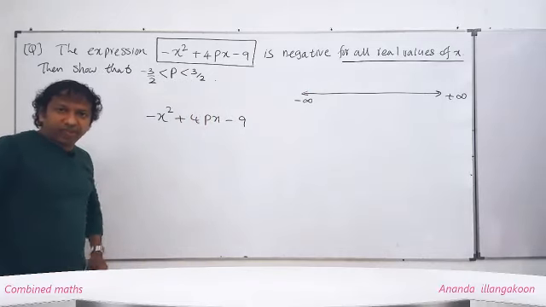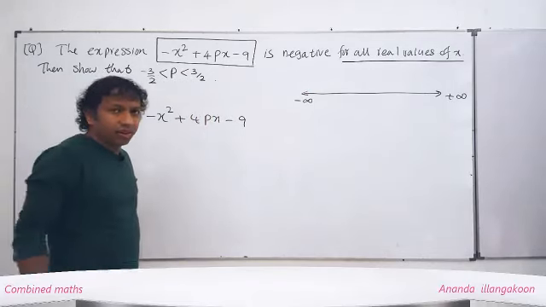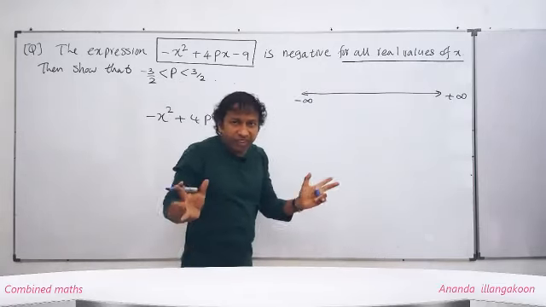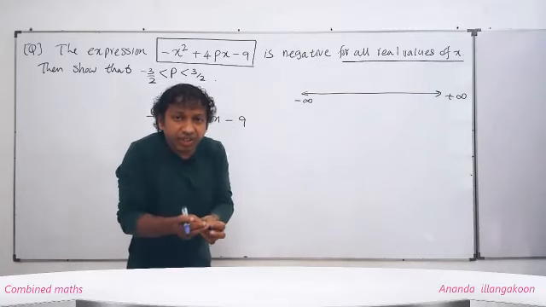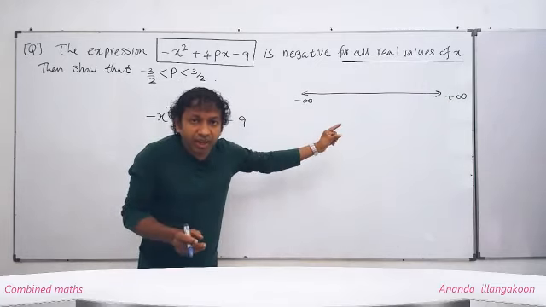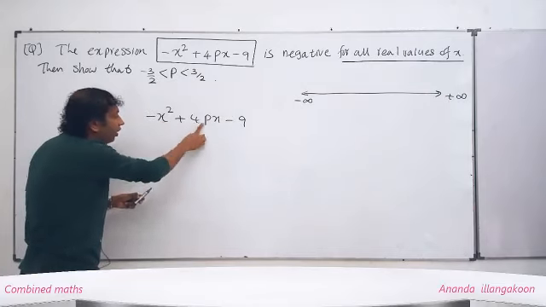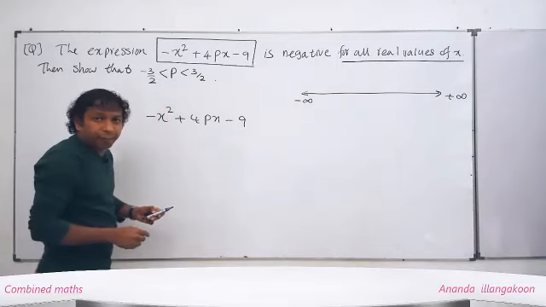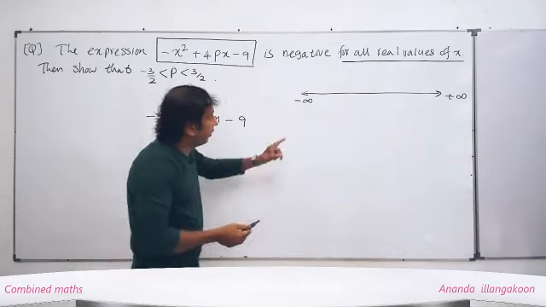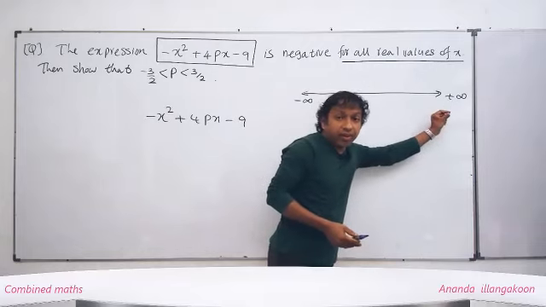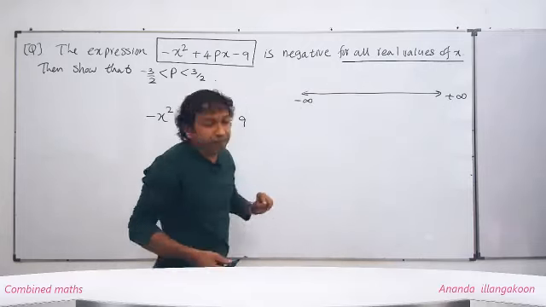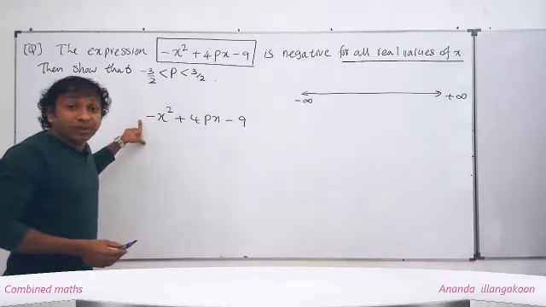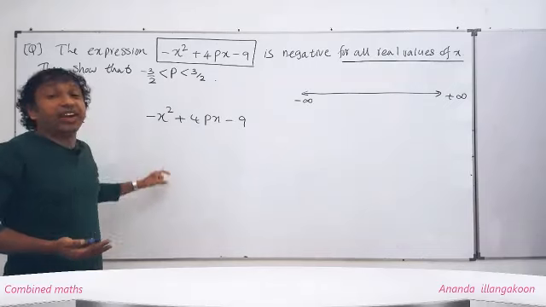What is it asking? From minus infinity up to plus infinity, there are infinitely many real numbers. Whichever real number we take from the number line, we substitute it here for this x, and we simplify this. People, we get an answer, no? That answer is always negative.